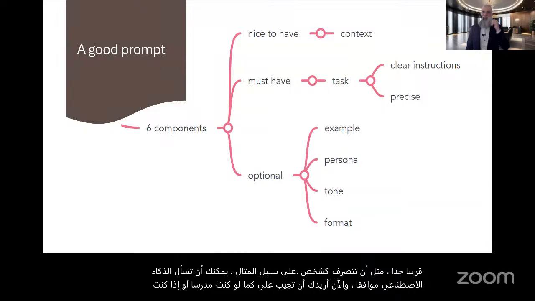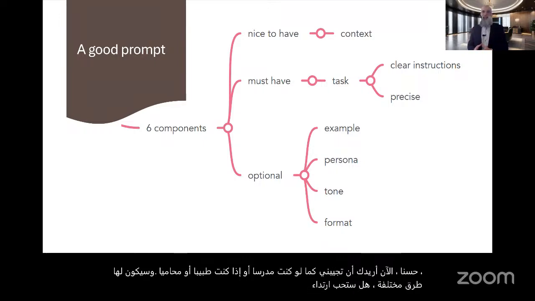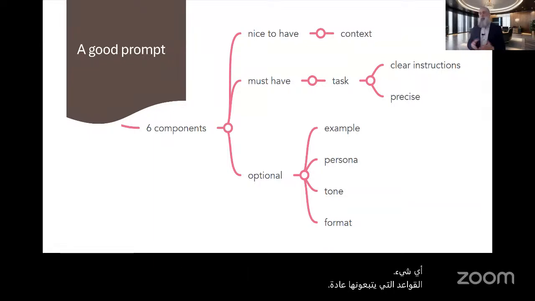It will wear the hat of that person and deliver whatever rules they usually follow. The tone also, and the format, whether you want the output in a table or otherwise. So all these matter, but they are optional.